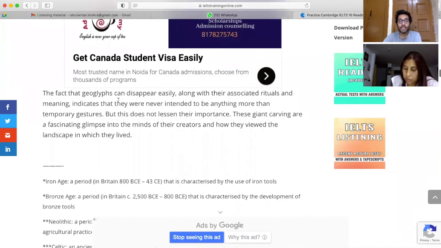So the fact that these geoglyphs can disappear in an easy manner, and all the customs associated with them can disappear, means that these were just temporary gestures. But this is again an indication, not sure. You mark, not sure, indication. It might have been a temporary gesture, but it might not have been.